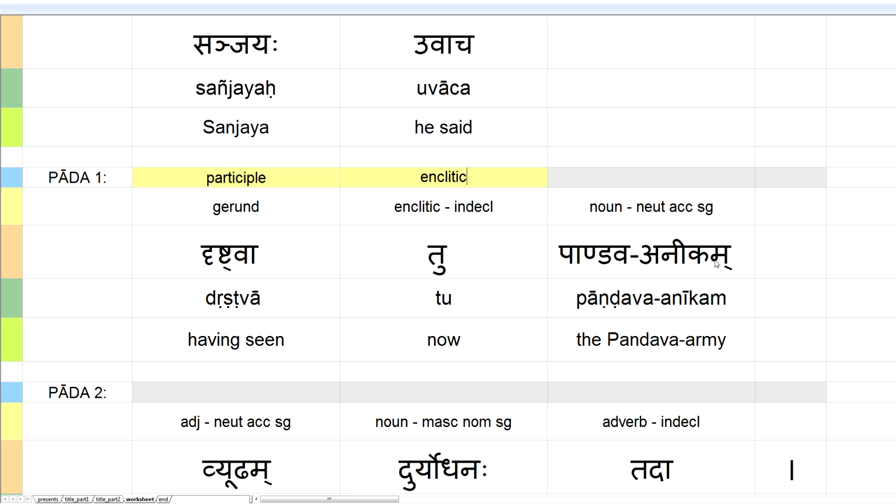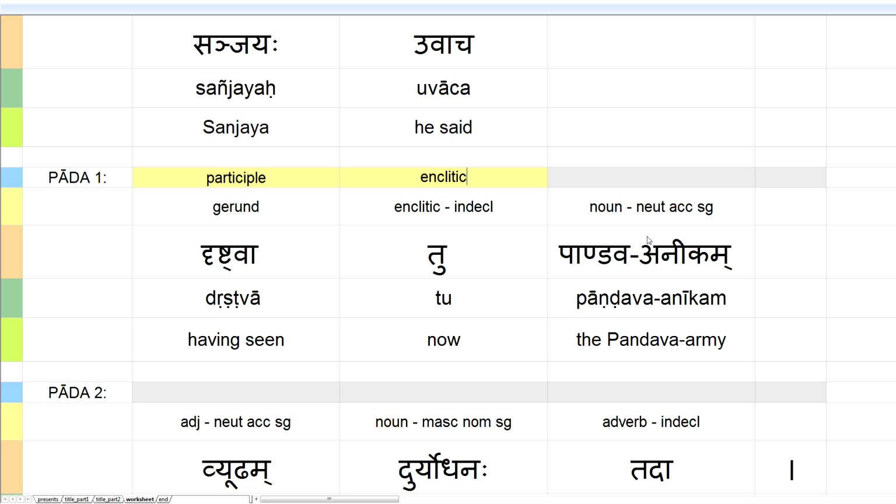Okay, and the next one here, we see pandavanikam, and we note that this is a noun, and it's a compound of two nouns, and the last one, anikam, is the word which is inflected.